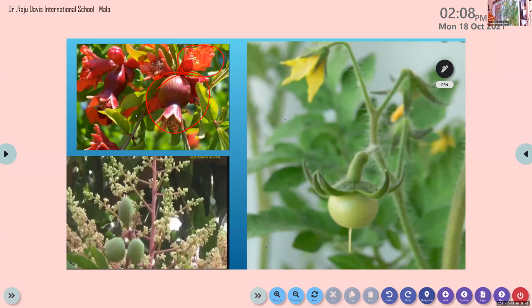So day by day, that flower will change into fruit. Okay, so for all plants which give us fruit, first the flower will be produced. Then that flower will change into fruits.